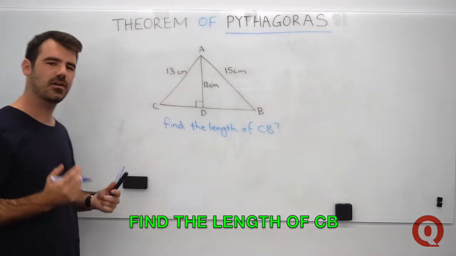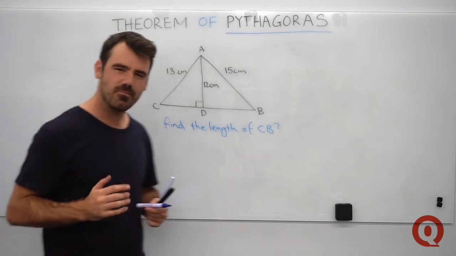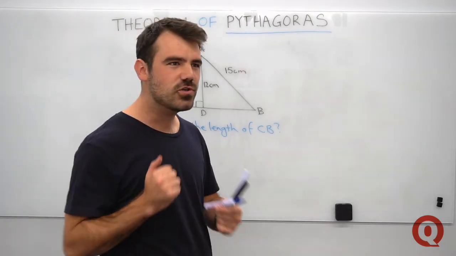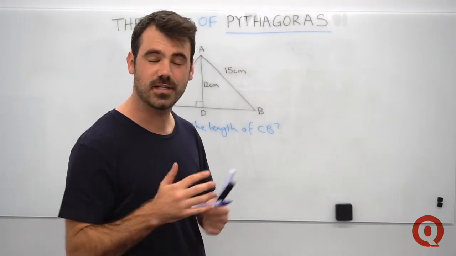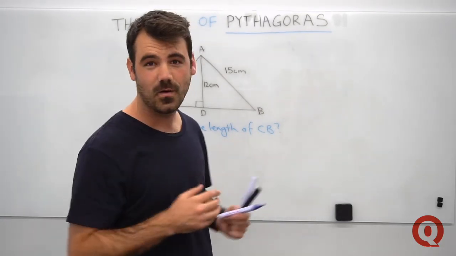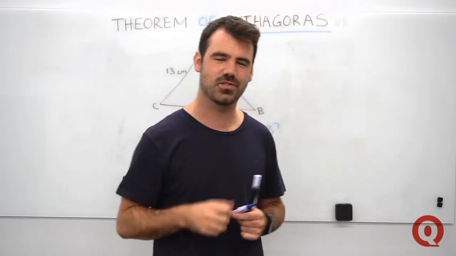What is the length of CB? The one clue I'm going to give you is, don't be impatient. Don't try and go straight to the answer, because you might fall short. That's all I'm going to say. I'm not going to show you why. All I'm going to say is it involves two processes, and that's what you need to do.